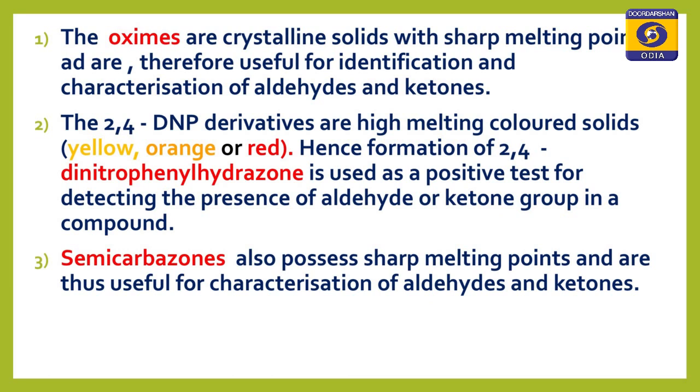Next point, semicarbazones also possess sharp melting points and are thus useful for characterization of aldehydes and ketones. These are some important points of ammonia and derivative addition to aldehydes and ketones.